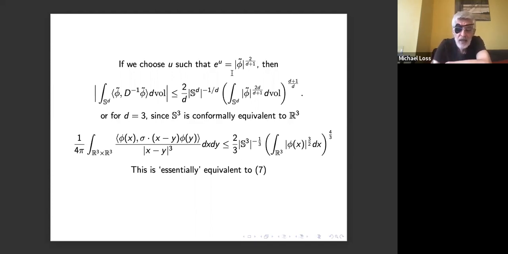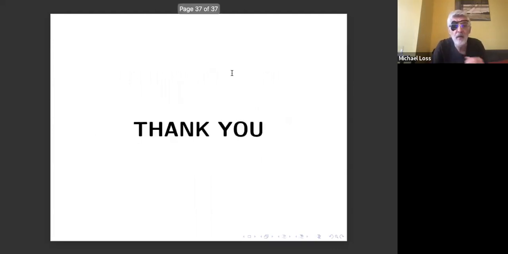In many ways, I would say the main achievement, maybe that's too much to say, is that we managed to carry over these estimates simply by differentiating Sobolev functions instead of using C-infinity functions. I hope I didn't confuse you too much with this kind of stuff, and I thank you very much for your attention.